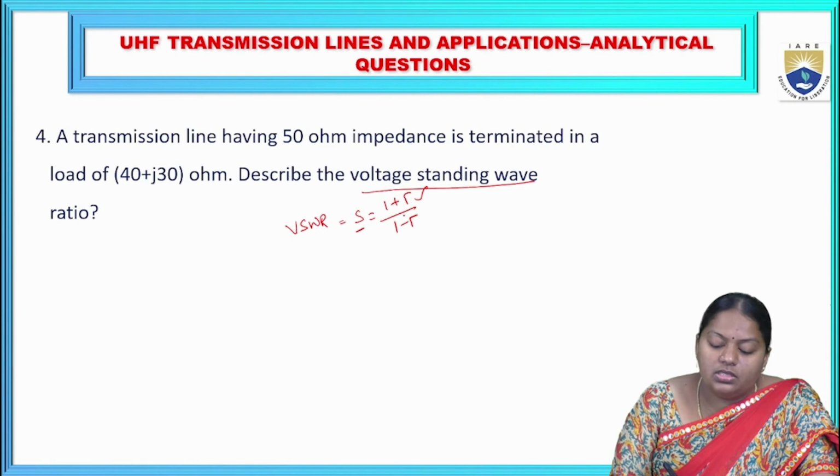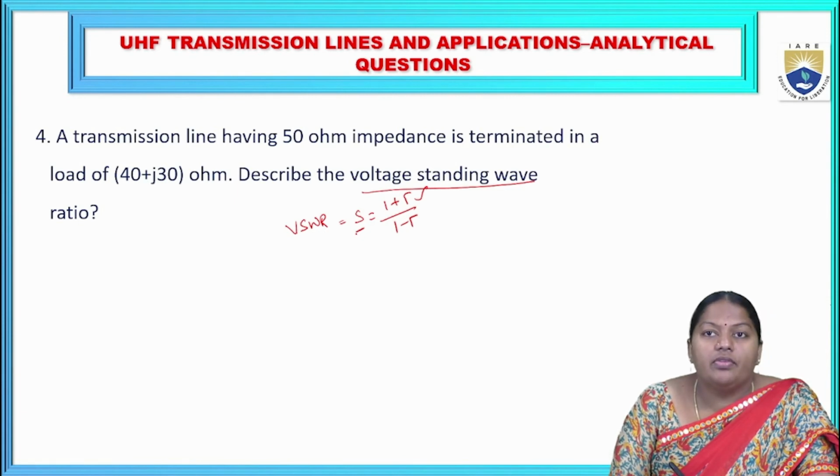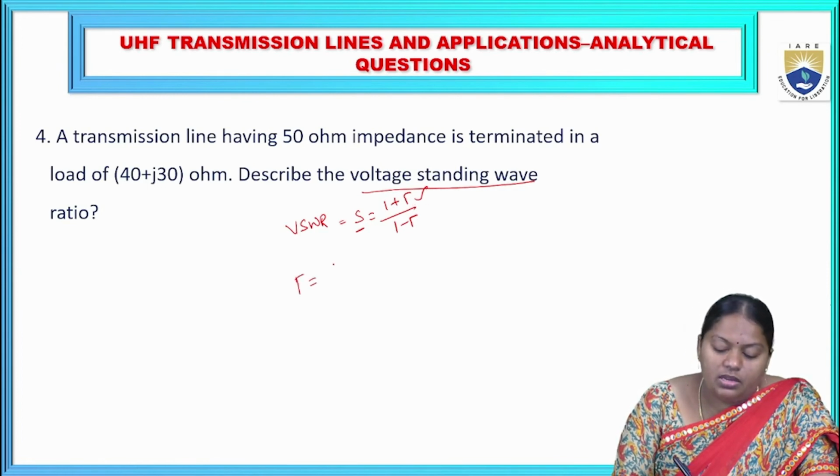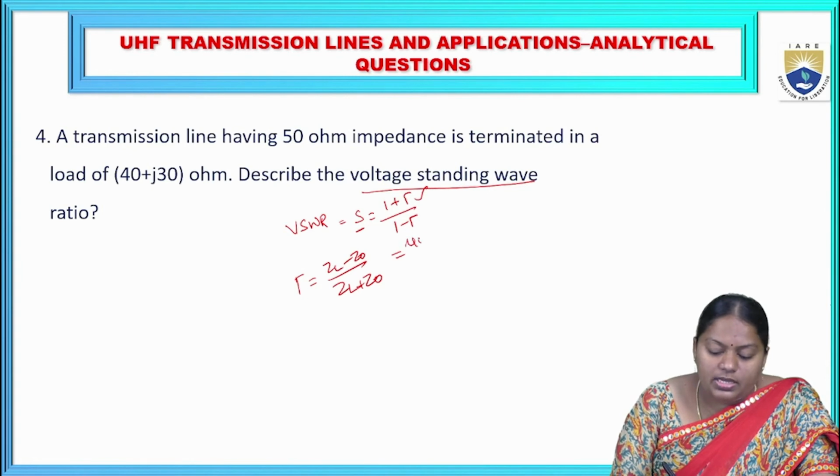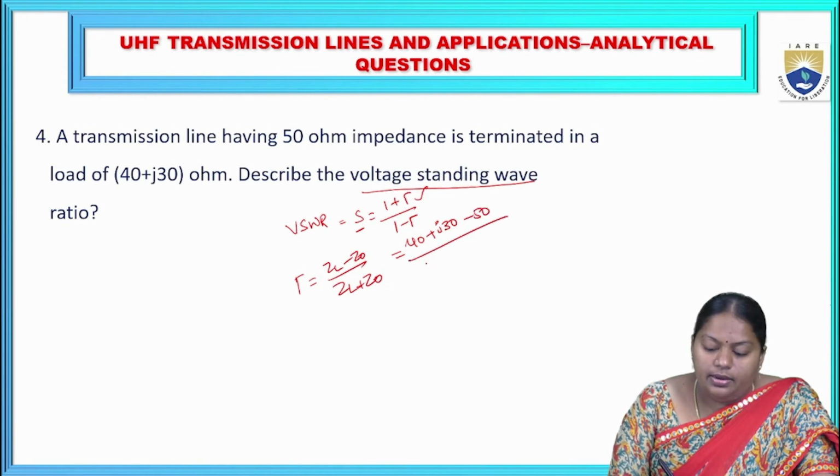So in order to find the voltage standing wave ratio, first we have to evaluate the reflection coefficient gamma. That can be written as gamma equal to (ZL minus Z0) by (ZL plus Z0). Here the ZL value is given as 40 plus j30 and the Z0 value is given as 50, so (40 plus j30 minus 50) by (40 plus j30 plus 50).